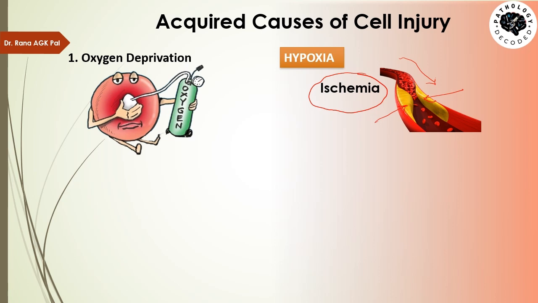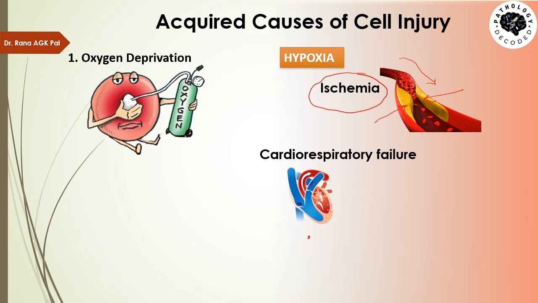Now, what could be the causes of ischemia? One, I have told you, is fat plaque deposits known as atherosclerosis that can lead to ischemia. Then we have cardiorespiratory failure. That means the heart is failing, or due to any reason the heart is not able to pump sufficient blood into the body, so the blood will not reach the tissue in adequate amounts, and that would lead to hypoxia.